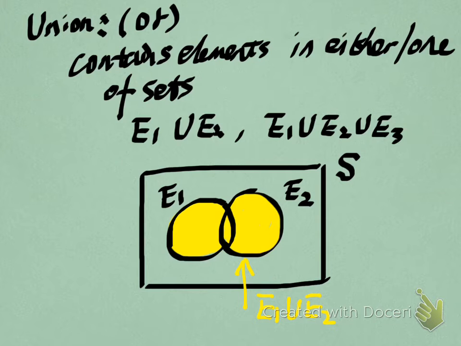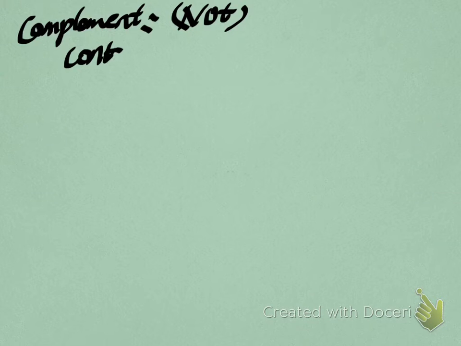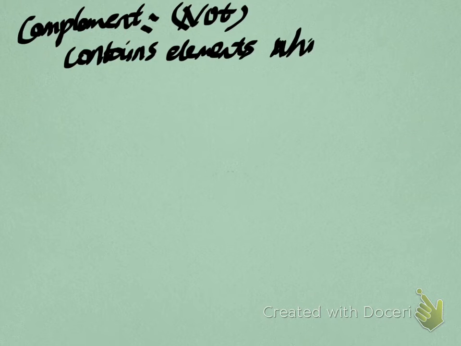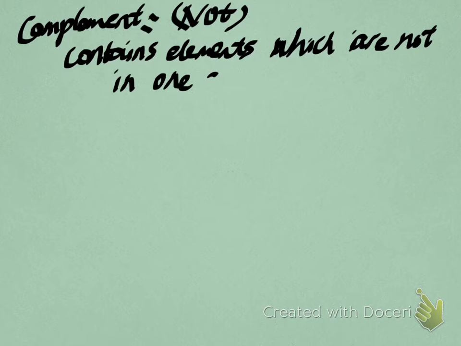So the third computation is complement. What's the meaning of complement? This is very similar to NOT in programming. It means it contains the elements which are not in one set.